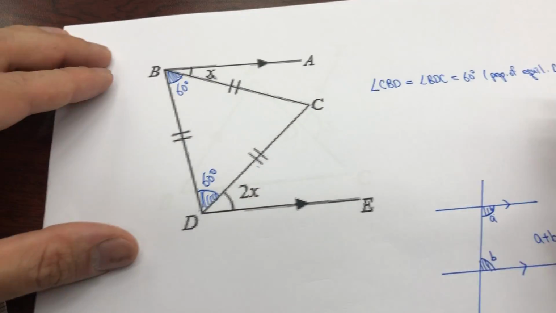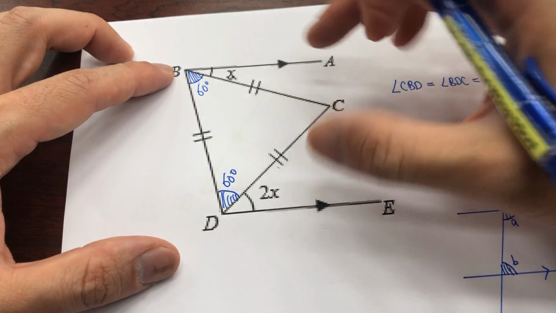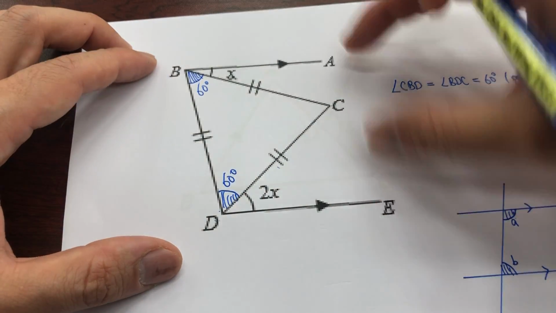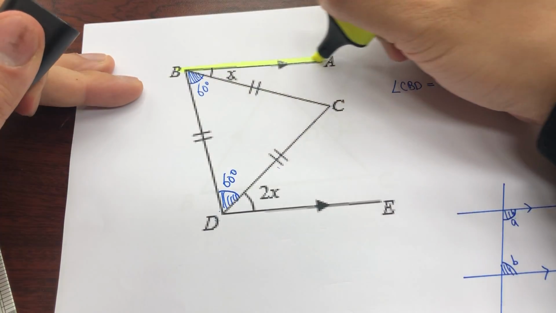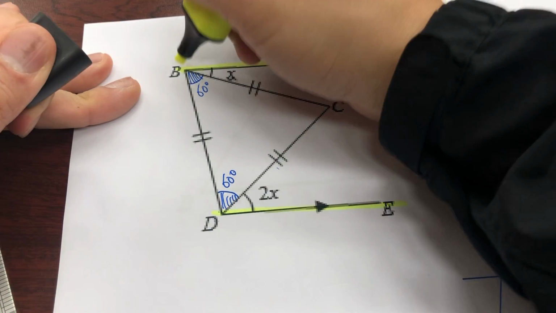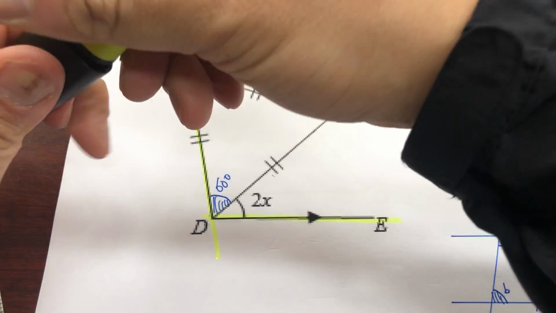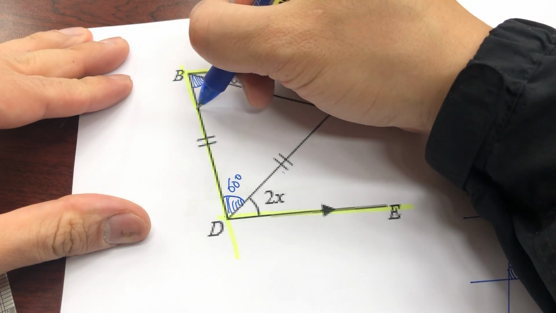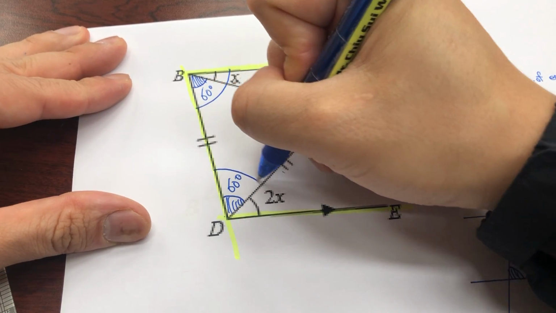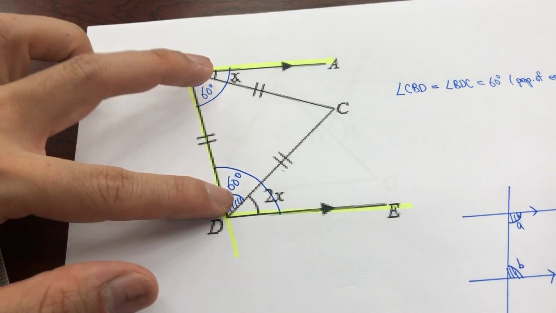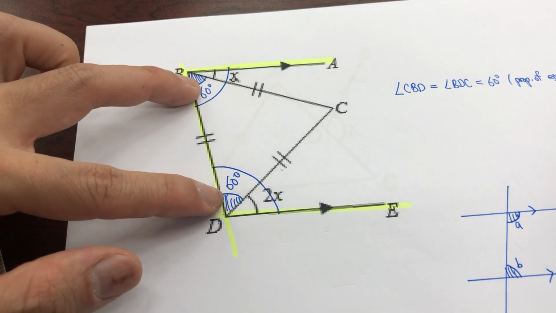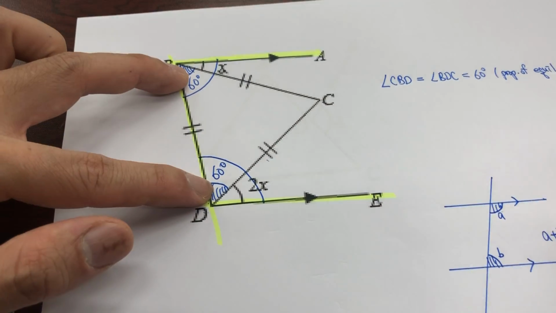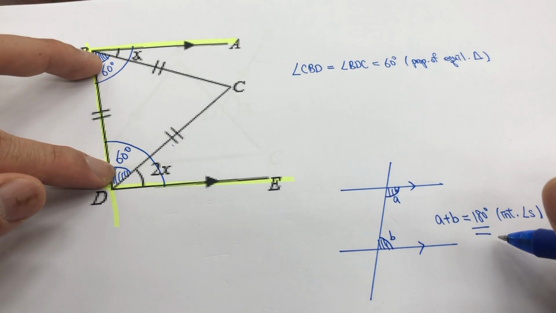So here, we've got the same situation. We have a pair of parallel lines and then a straight line cutting through them. So therefore, these two angles are also interior angles. If you add the two angles up, it must become 180.